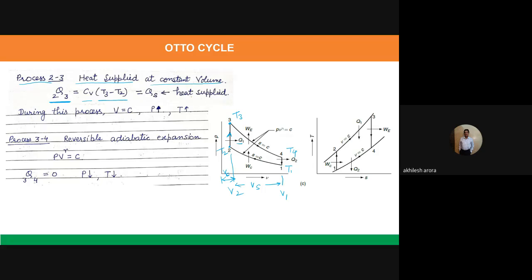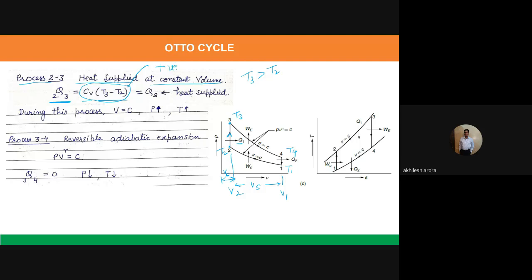And if you remember the processes which we have studied earlier, you can correlate it with that actually. Now you can see when we supply heat, the temperature T3 is going to be higher than temperature T2. So T3 is higher than T2. So when you calculate this value, it will come out to be positive.